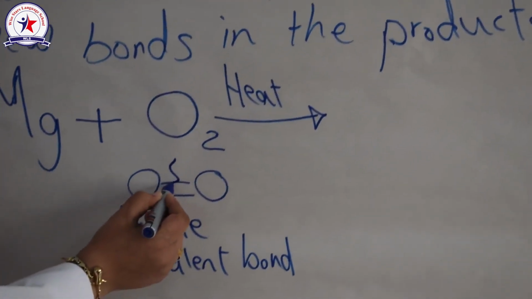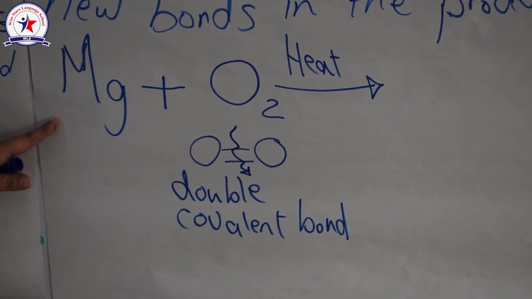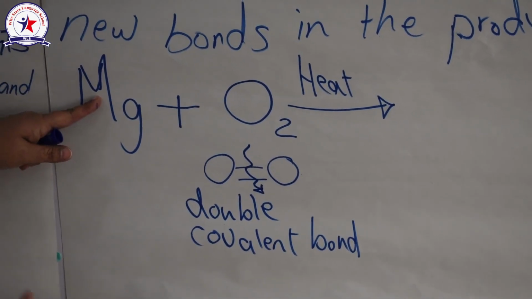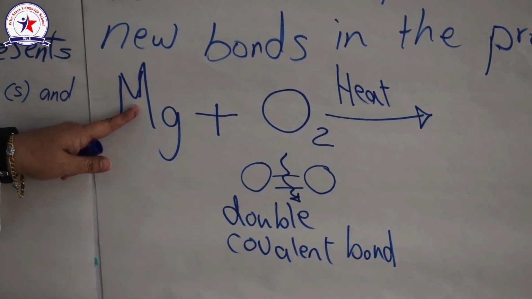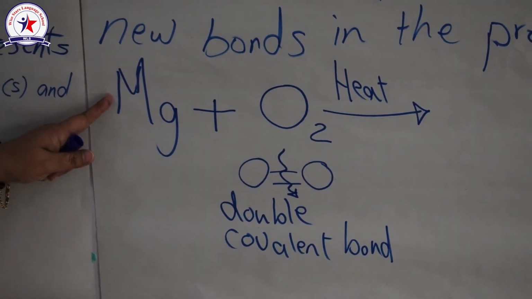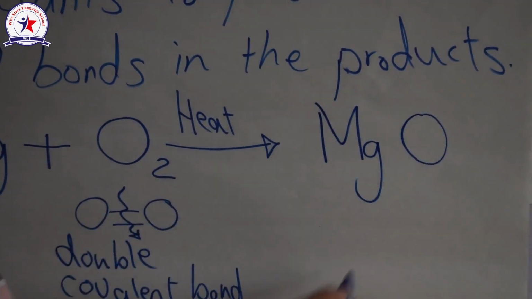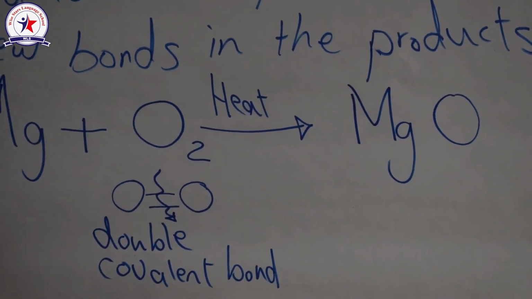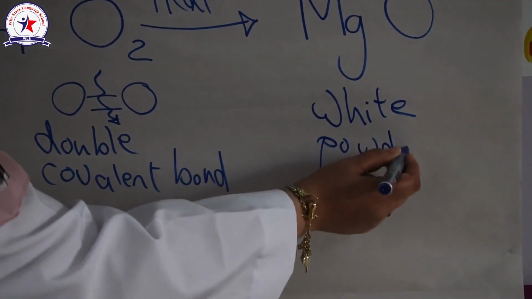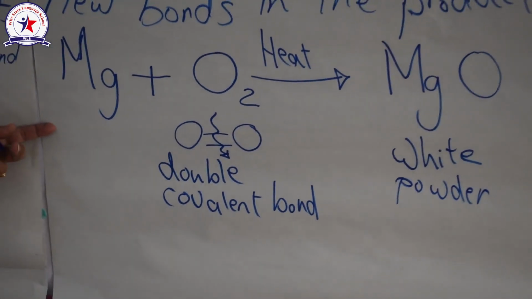The heat breaks down the bond between the 2 oxygen atoms. And each oxygen atom combines with 1 magnesium atom. Another oxygen combines with another magnesium atom to produce the compound magnesium oxide. As we saw, magnesium oxide was a white powder. This is known as a chemical reaction.